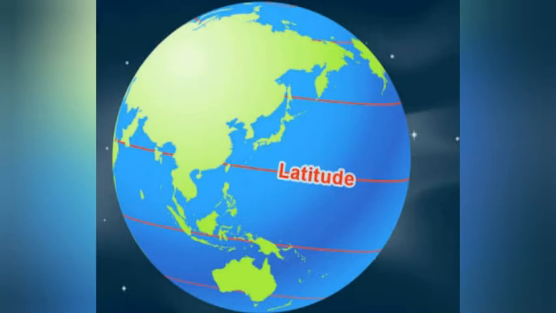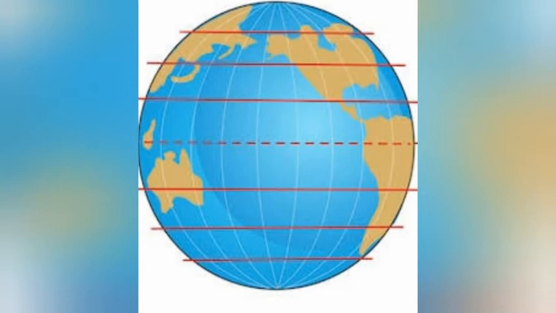It is a horizontal line. It joins all the places with the same angular distance. Is there any variation? No.